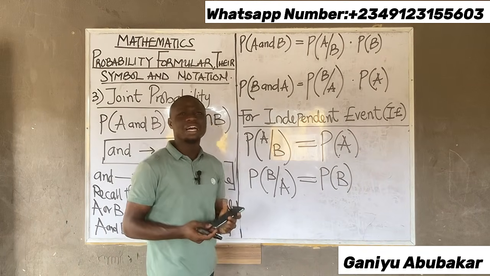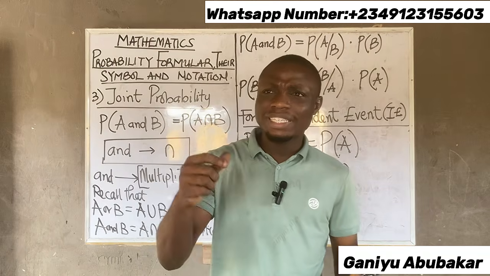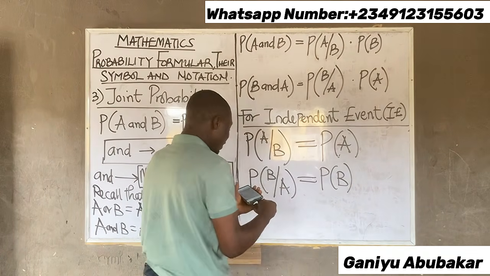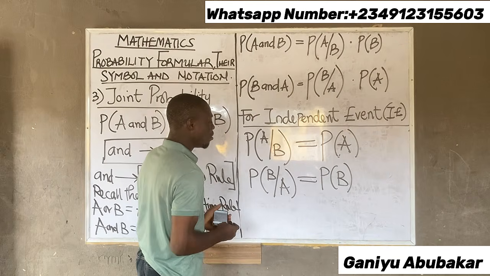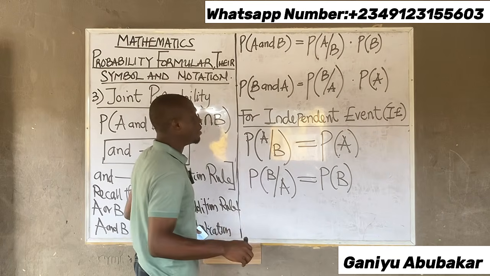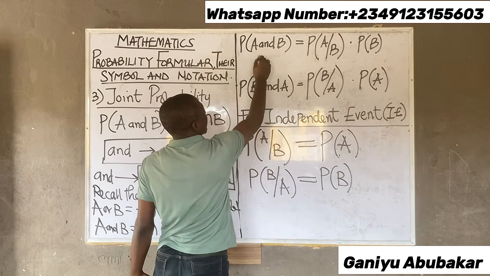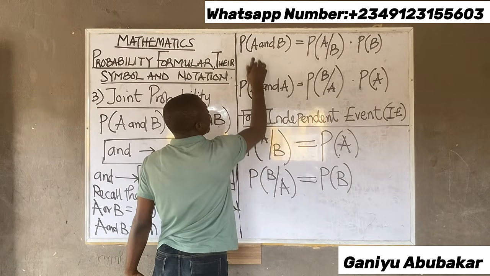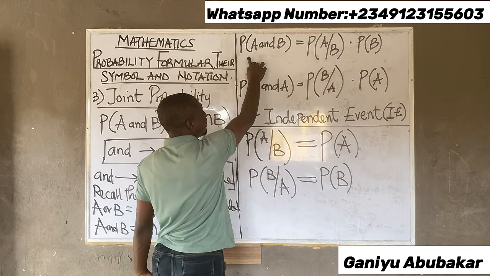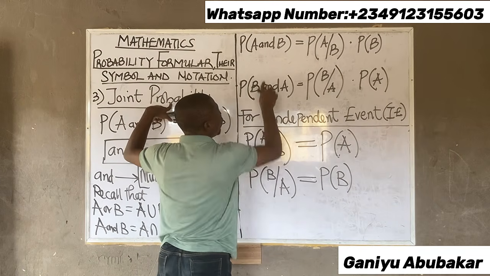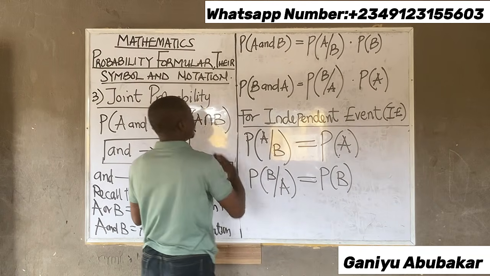Now, someone asked me, sir, how will I know that it's an independent event or a dependent event? Here's the key takeaway. And by the way, if I want to write the formula back in terms of independent events, if I'm asked to find the joint probability for an independent event, what will it be?